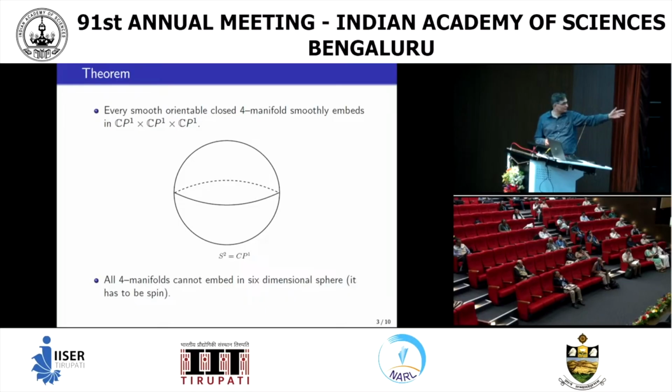They embed only if these manifolds are spin, a terminology many people may be familiar with. If the four manifold admits a spin structure, then it is possible to put it inside a six dimensional sphere. Otherwise you have to work with spaces which are slightly more complicated geometrically than just a nice sphere, and one such space is the product of three two-dimensional spheres.